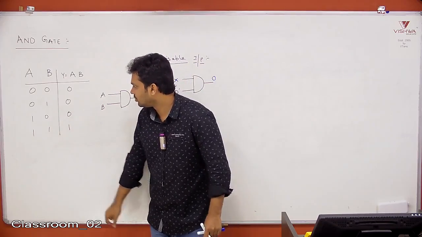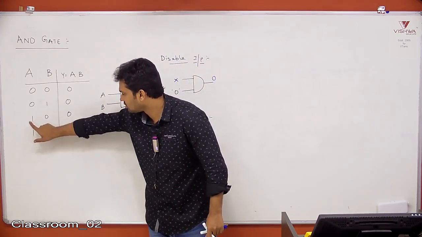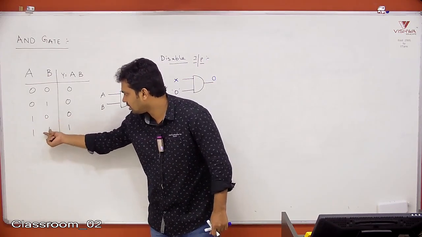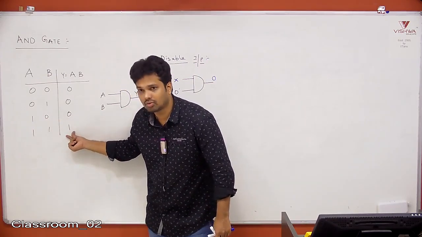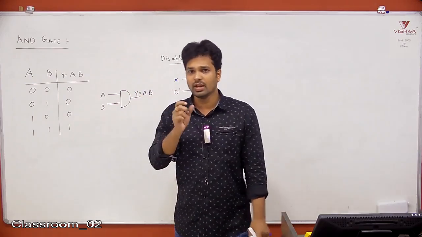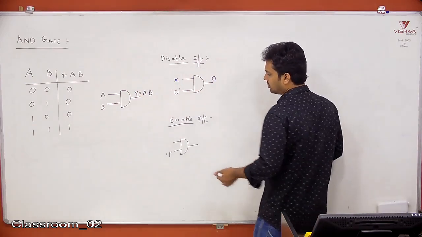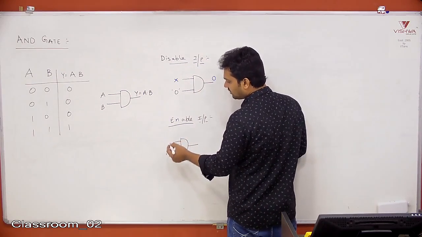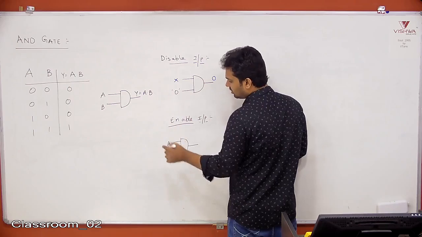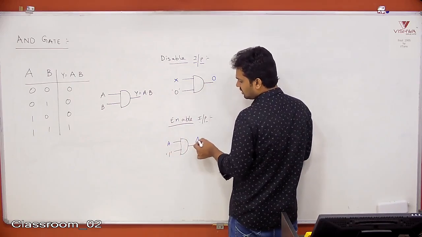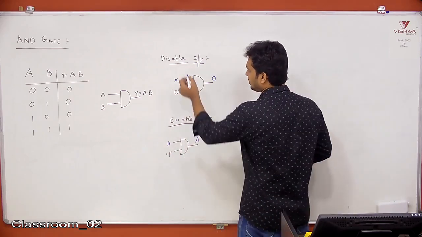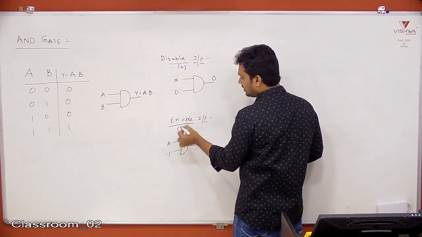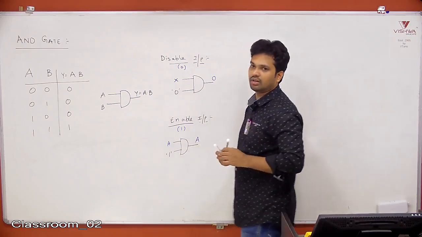Then it is called enable input. Whatever the other input may be, A, B, anything, 1 into A, what is the answer? A. So here 0 is called disable input of AND gate, 1 is called enable input of AND gate.